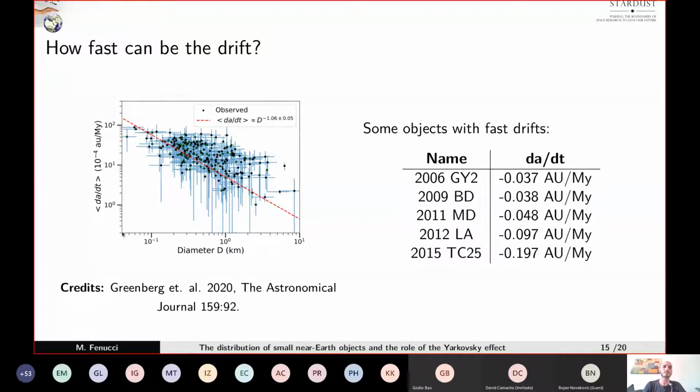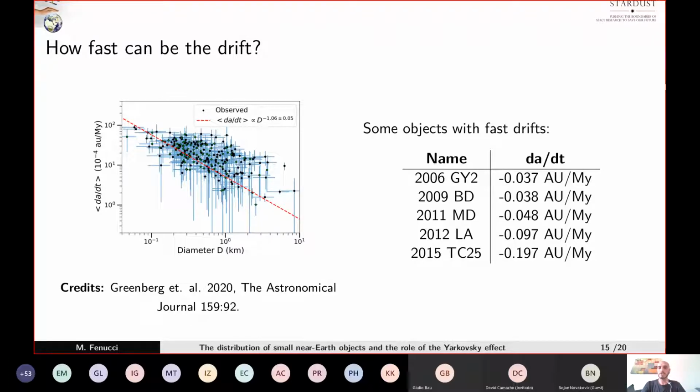And here we can see, for instance, that for objects of about 50 meters in diameter, the drift is about 10 to the minus 2 astronomical units per million years. So we are coming closer to the magnitudes that we need to find some differences in the outputs.